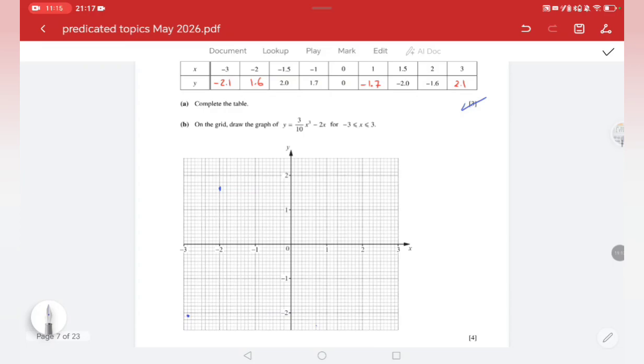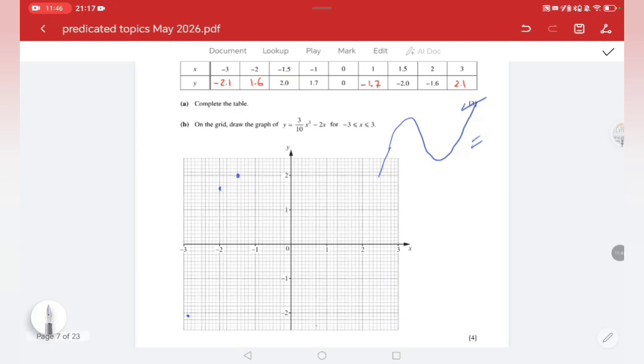You have to expect how the graph looks. A cubic graph usually looks like this shape, or the opposite. So your graph should be this one or that one. We expect it will be this graph. This is to guide you: if you have something different, you have to think there is a mistake.